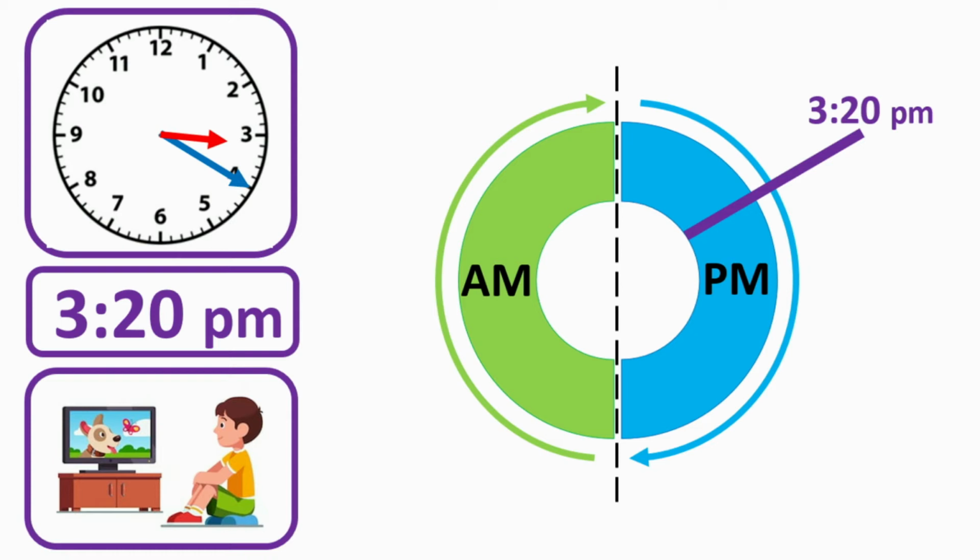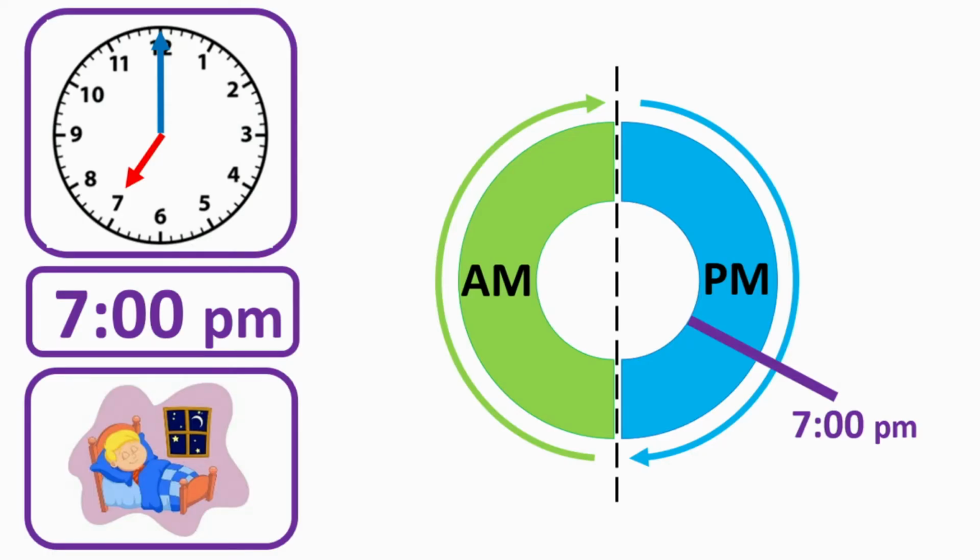The day goes on, it keeps going round the PM, and it turns into 7 hours and 00 minutes, 7 p.m. in the evening. Maybe you're getting a bit tired, and it's about time to start going to bed. The night goes on until it gets to midnight.